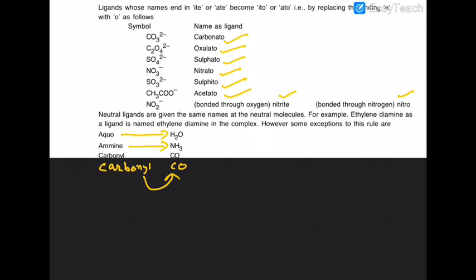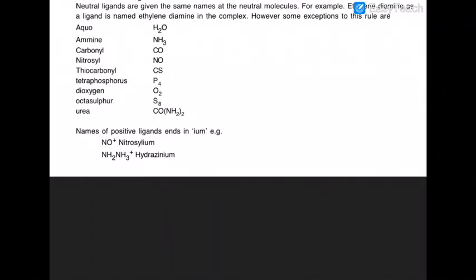I am repeating once more, water is aqua, NH3 is ammine, carbonyl CO, nitrosyl NO, thiocarbonyl CS, tetraphosphorus, dioxygen, octasulfur, urea. These are neutral ligands. Then you have nitrosylium ion and hydrazinium ion. These two are positive ligands. Memorize that. This is very, very important.